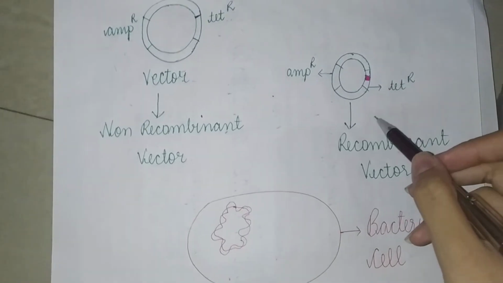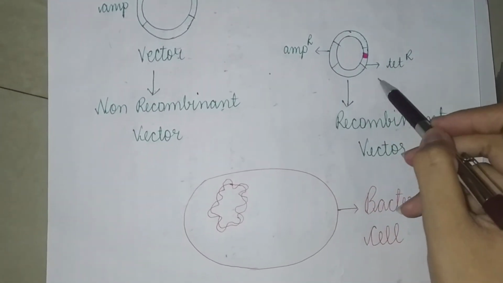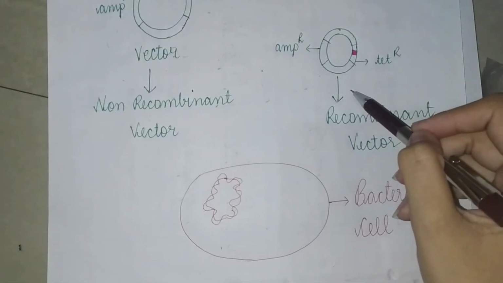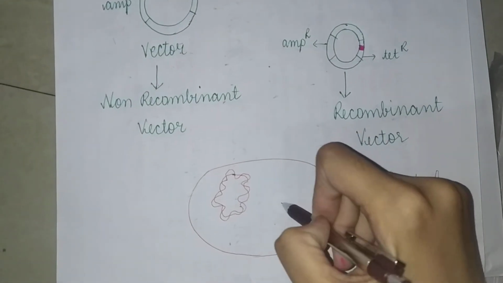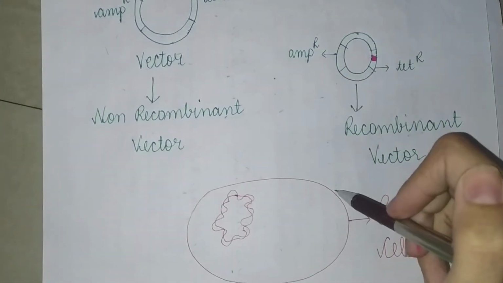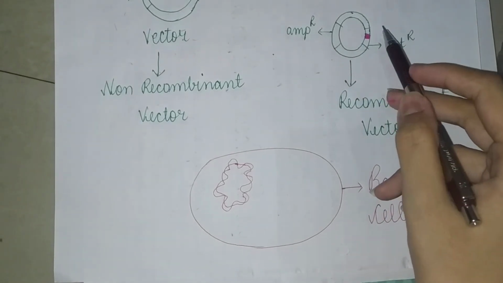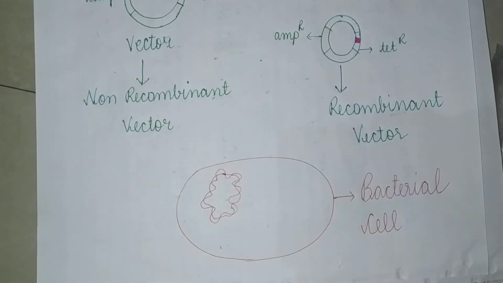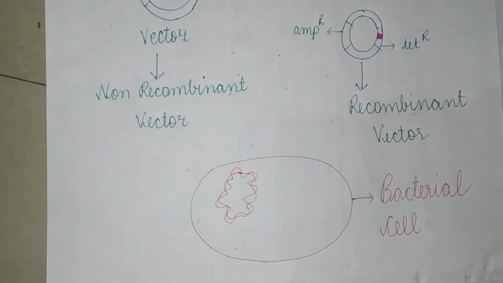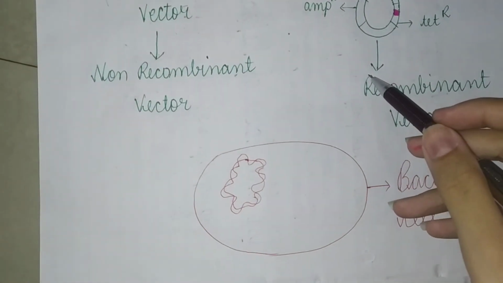But if the bacterial cell has a recombinant vector and we keep it in a medium that contains tetracycline, this bacterial cell will not be able to survive. This is because the recombinant vector has a foreign DNA in the sequence of the tetracycline gene, and hence it will become sensitive and will not be able to survive.